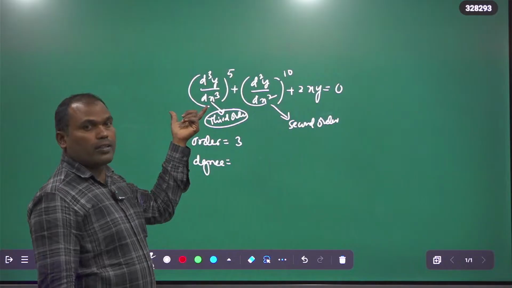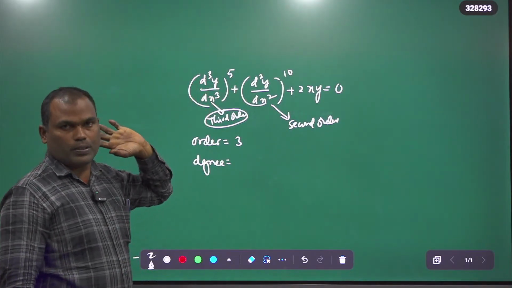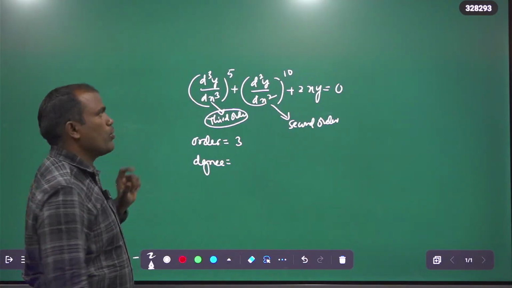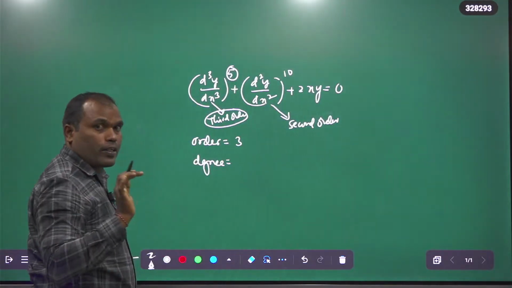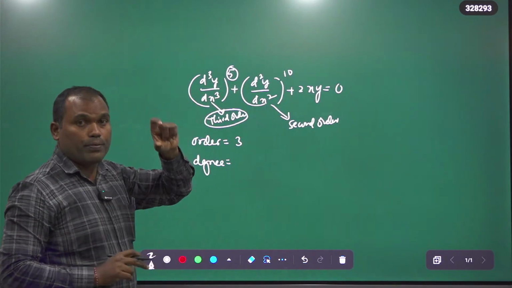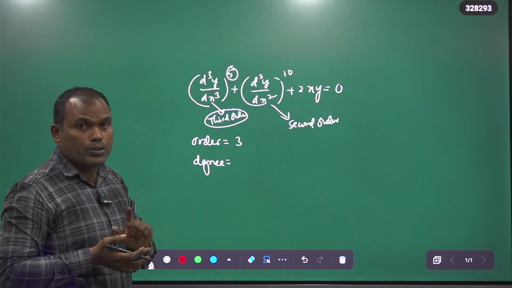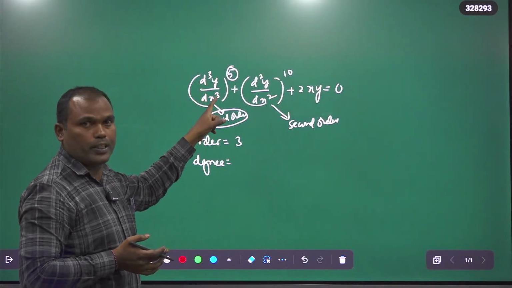A differential equation is given, and we should observe the exponent or power of the highest derivative, which is called the degree. Here 5 is there. Only the highest derivative we should observe carefully. Always, when a differential equation is given, first we should observe the highest derivative, which is d cube y by dx cube.